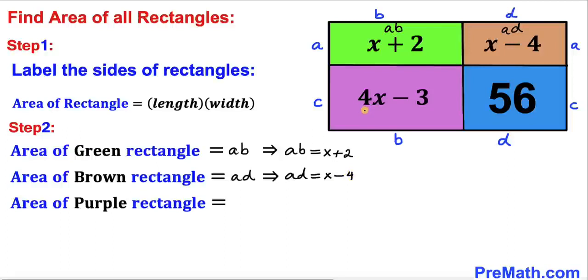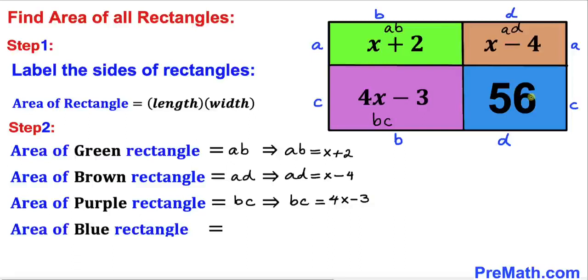Now let's look at this purple rectangle. Its area is going to be B times C. We know that its area has been given in terms of 4x minus 3. Therefore, I can write BC equals 4x minus 3.